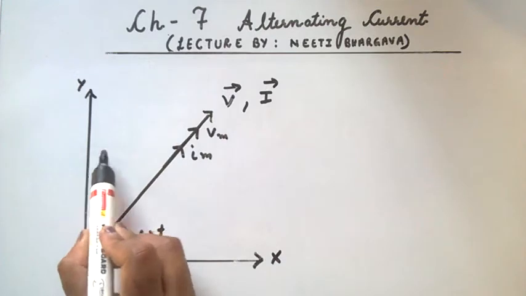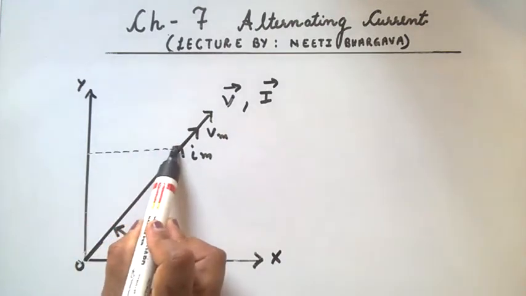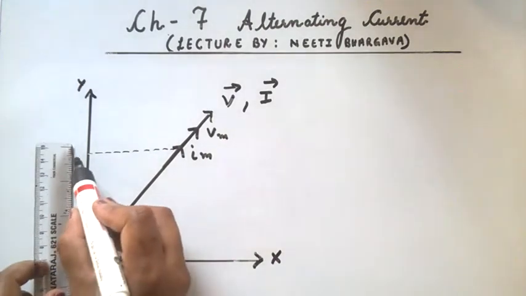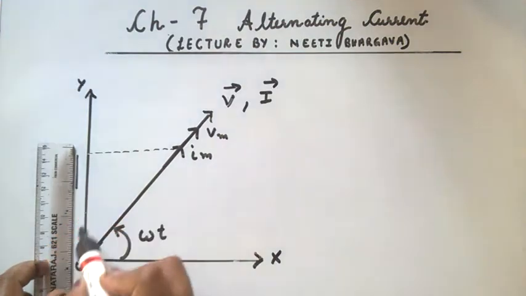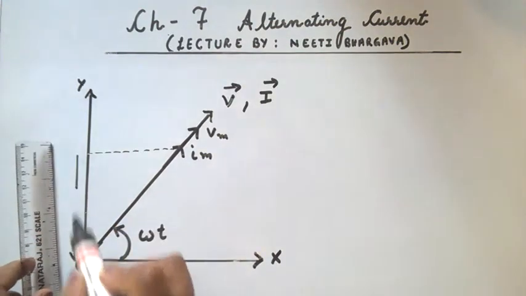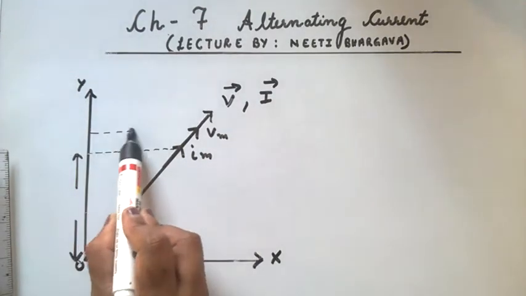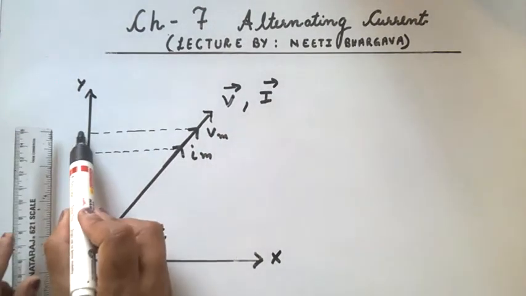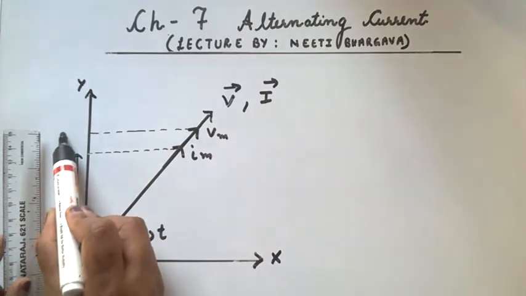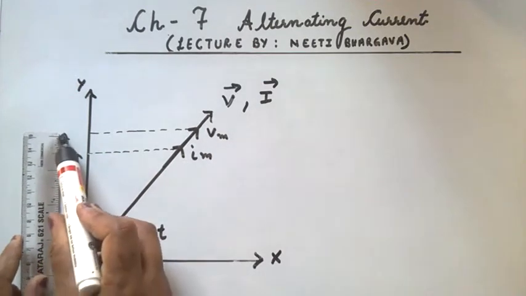Their vertical projections are Im sine omega t and Vm sine omega t.